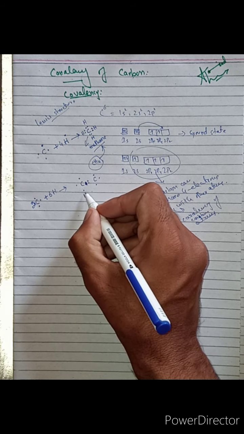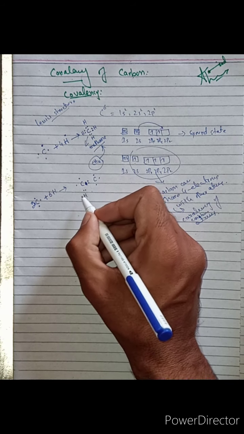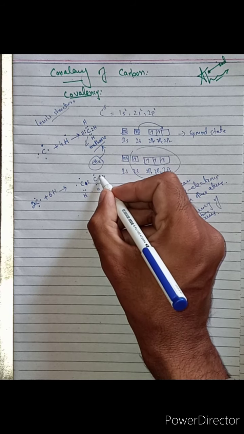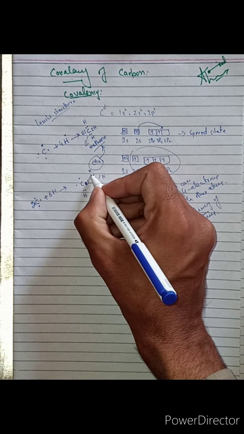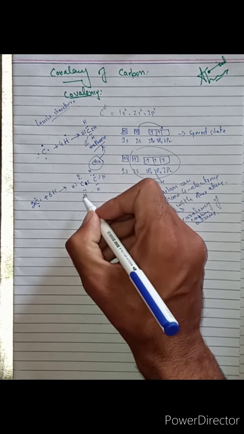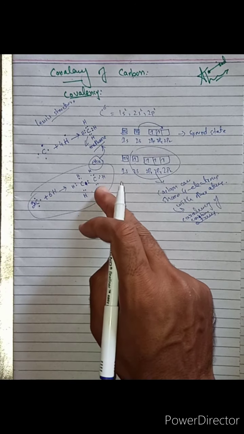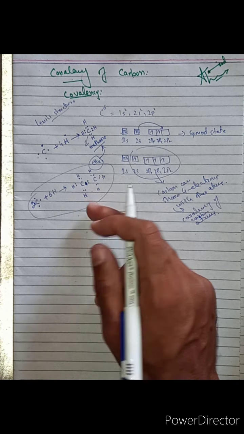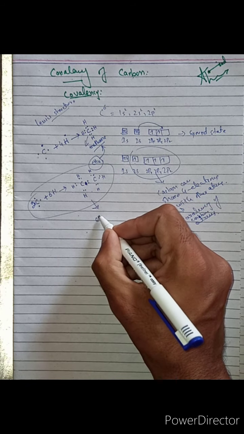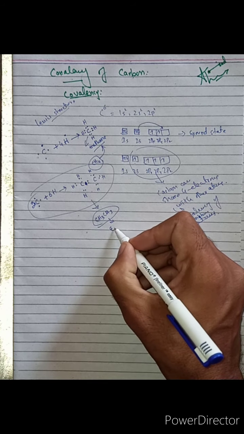You can see there are six electrons remaining, so six hydrogens can be added and share their electrons. So six hydrogens combine with two carbons, and you can write it as CH3CH3, which is called ethane.